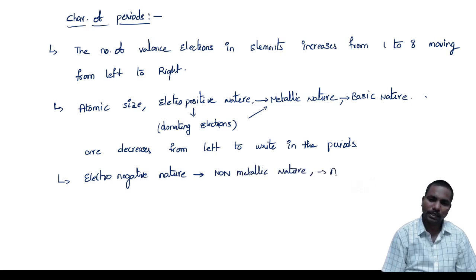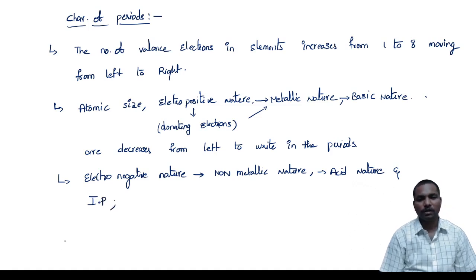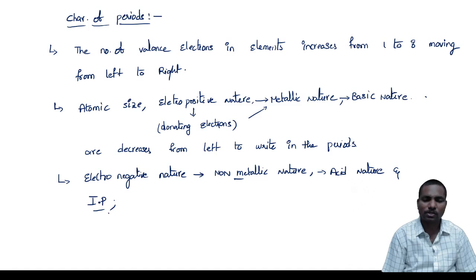The opposite of basic nature is acidic nature. And also ionization potential: the highest ionization potential is on the non-metal side only. So non-metallic nature also goes with the highest ionization potential.